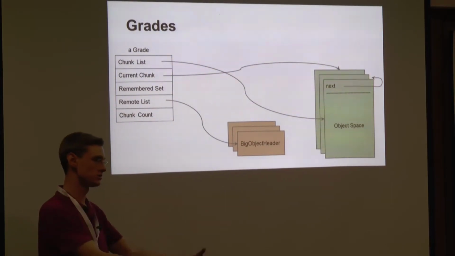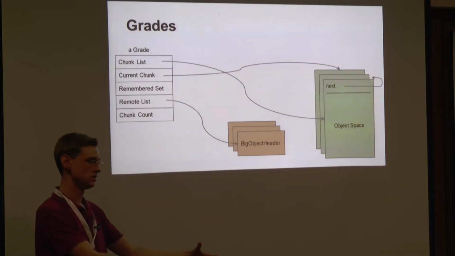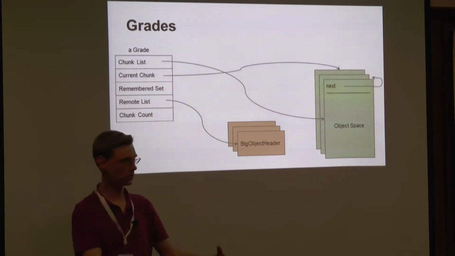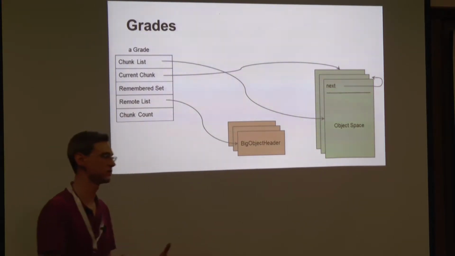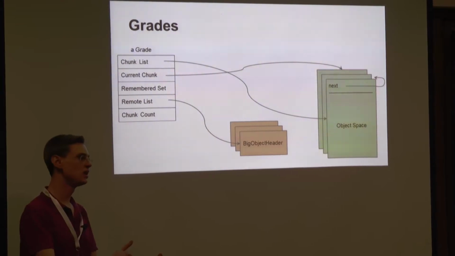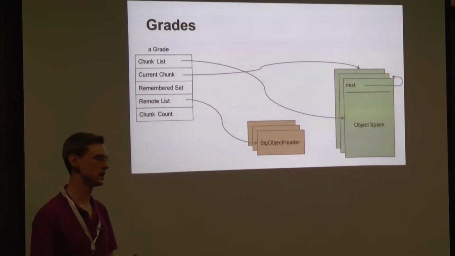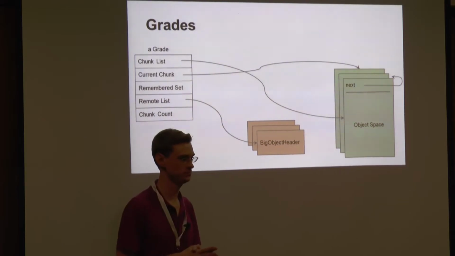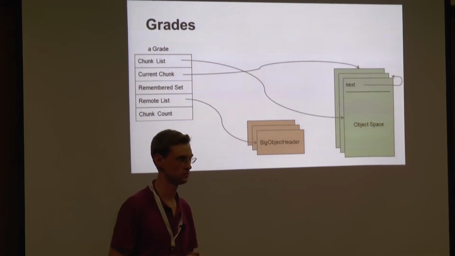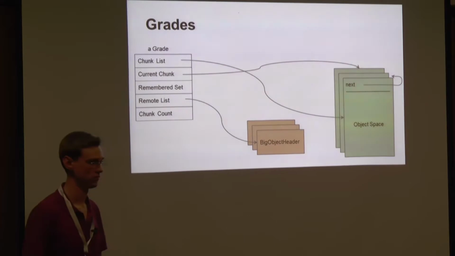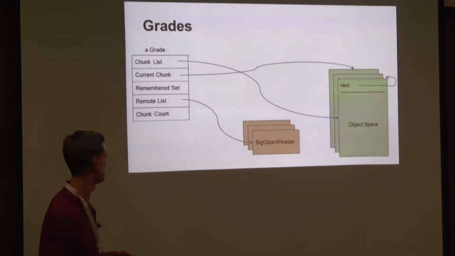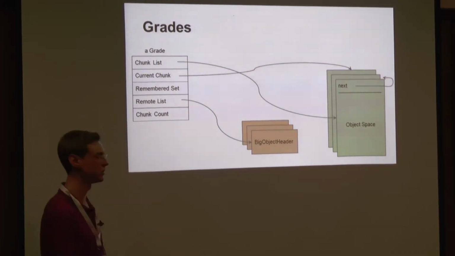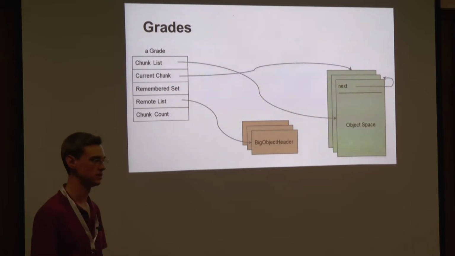It will be in the lower grade's remembered set. So when we're looking at a lower grade, we have no way of discovering what objects point into this grade, and this remembered set serves as a way to find all the objects that hold references. When we see the object header, you'll see how we mark. I'll go into more detail on this stuff when we get to the bits in the header.